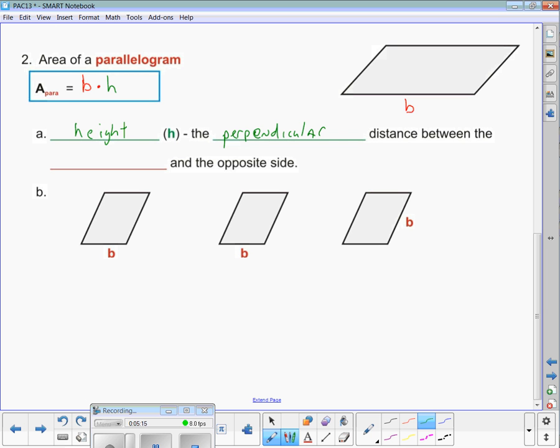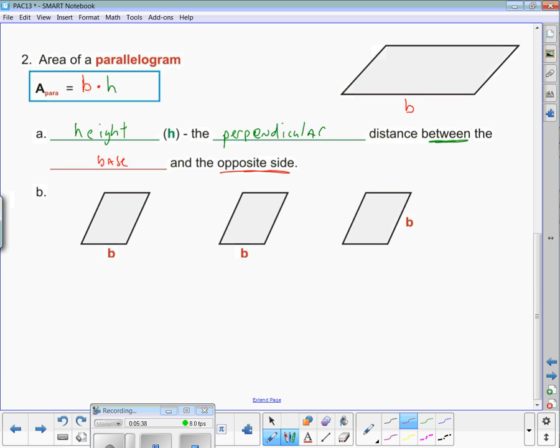Perpendicular. Hopefully you remember from last chapter that perpendicular lines are lines that meet at a 90-degree angle or a right angle. So the height is always the perpendicular distance between what? Between the base and its opposite side.